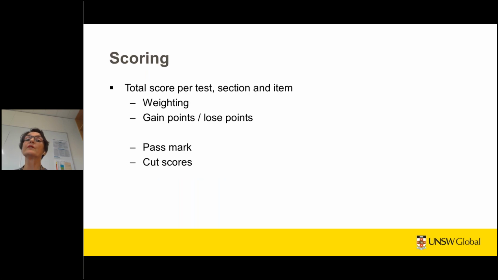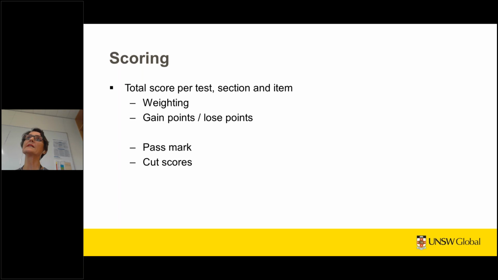Then you look at scoring. So what's the total score for the test? And then the total score for each section and for each item. And of course, the total score for each item and section has to add up to the total of the test score. And then you need to see, are we going to weight these items, or are all our items and our sections going to have equal weighting?